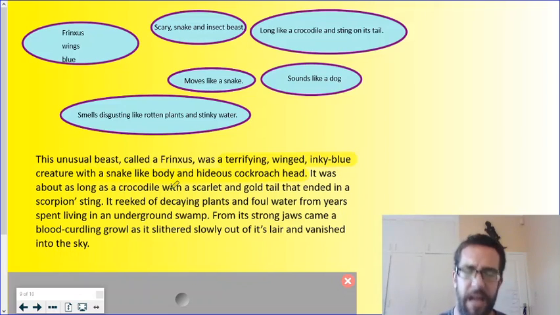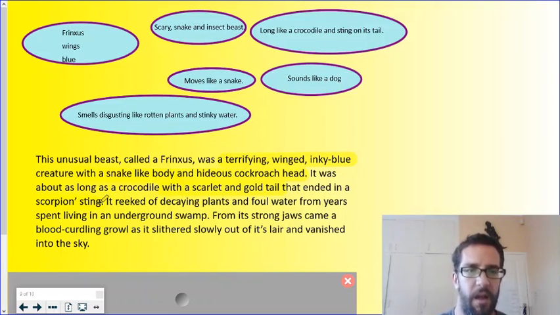And again, I want to expand it a bit more with a scarlet and gold tail that ended in a scorpion sting. All right, so again, I've been more specific about what kind of sting it had on its tail, and I've been more descriptive about the kind of tail that it's got. It's got a scarlet and gold tail, and it's got a scorpion sting.